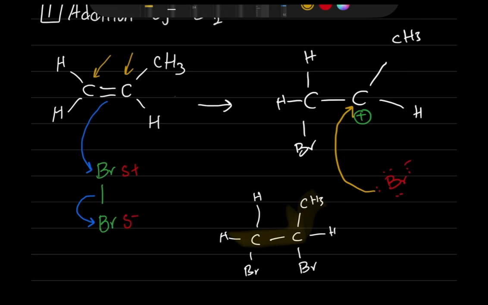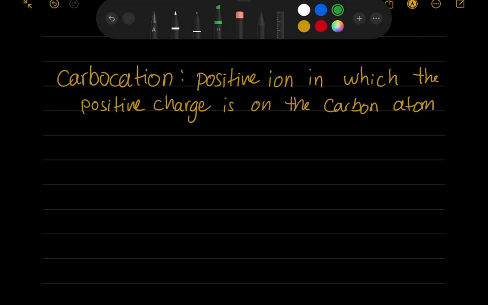Here we have the longest chain, you can see it. It's made of propane. We can start counting with respect to the closest branches or halogens, so we have 1, 2, and 3. So we can say the compound is 1,2-dibromopropane.